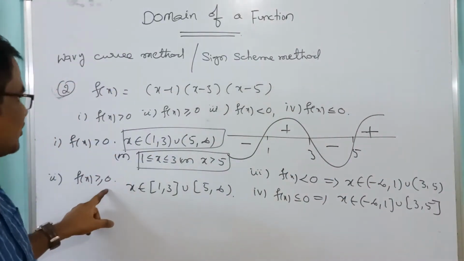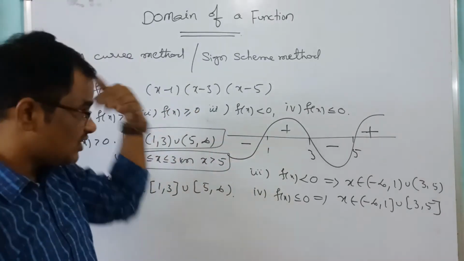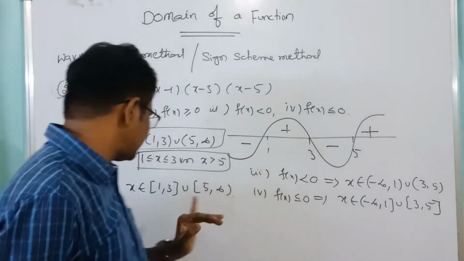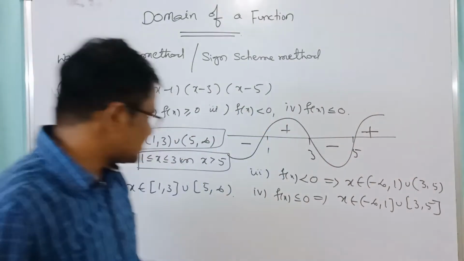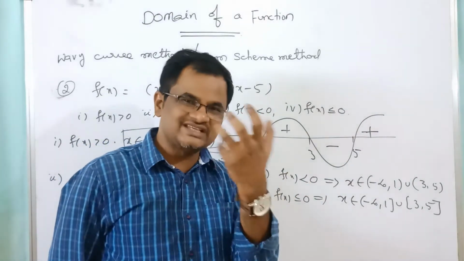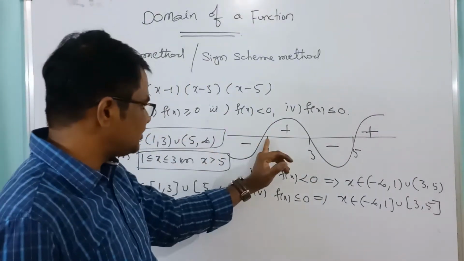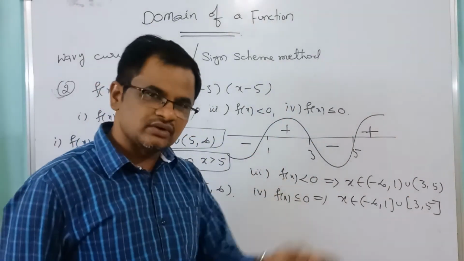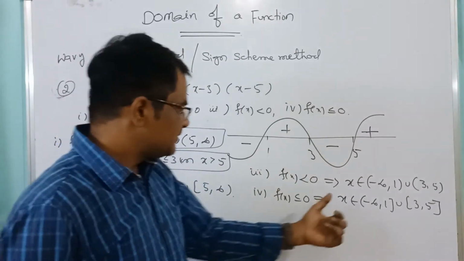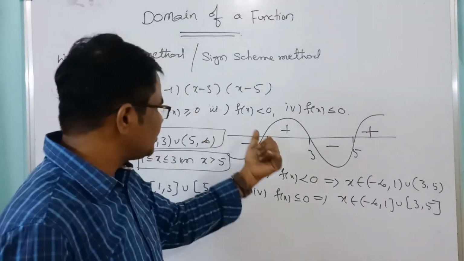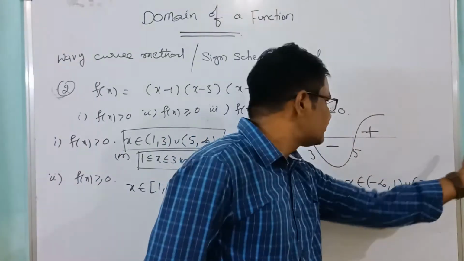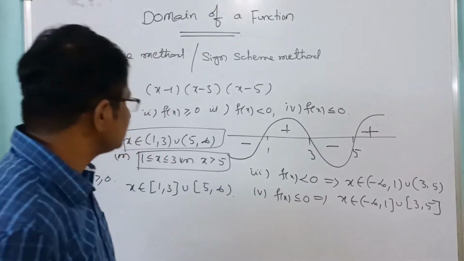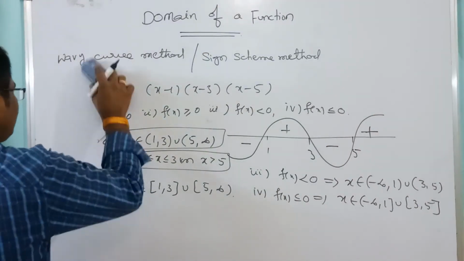Greater than or equal to also means when the function is equal to 0, that also we have to consider, so closed interval 1 to 3 and 5 to infinity. f of x less than 0 means when the function is negative: minus infinity to 1 and 3 to 5. f of x less than or equal to 0 means negative and equal to 0: minus infinity to 1 union closed interval 3 to 5, including 3 and 5 also. This is about the second problem.